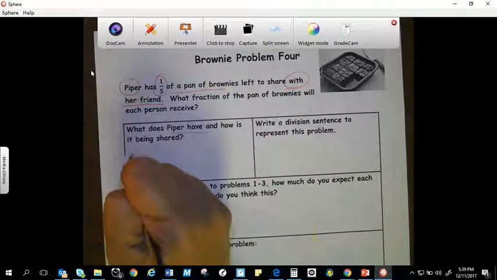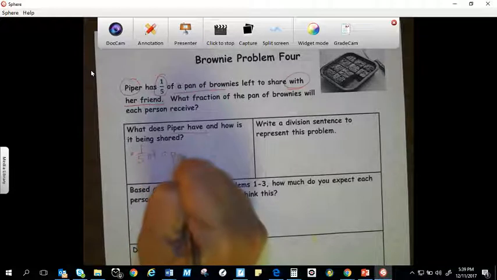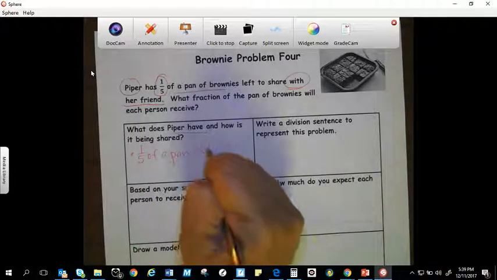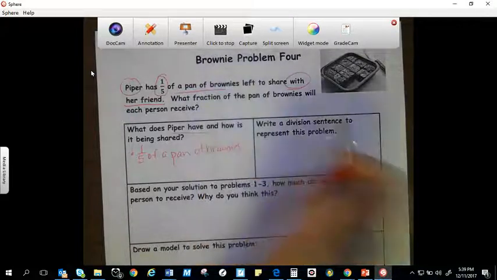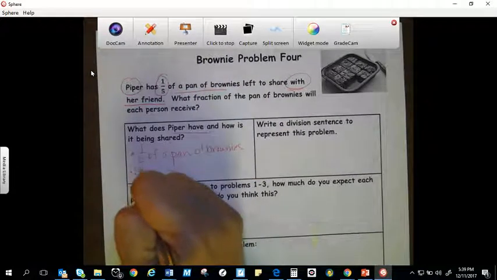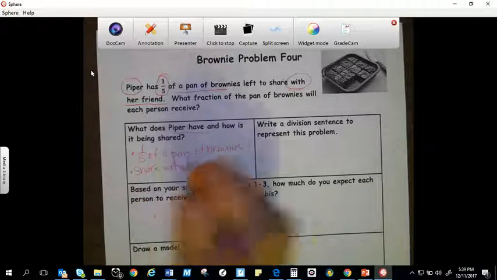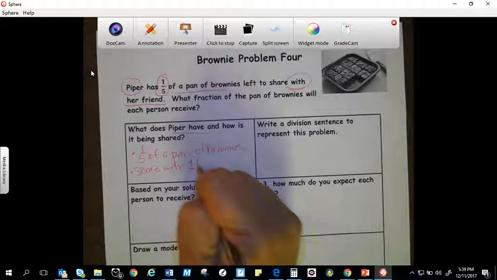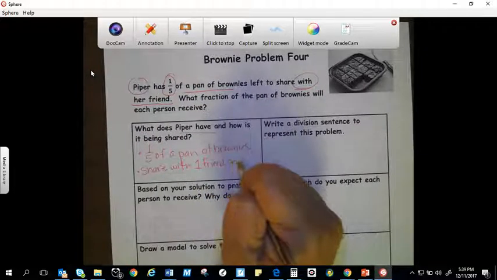Piper has 1/5 of a pan of brownies. And she's going to share with one friend and herself.